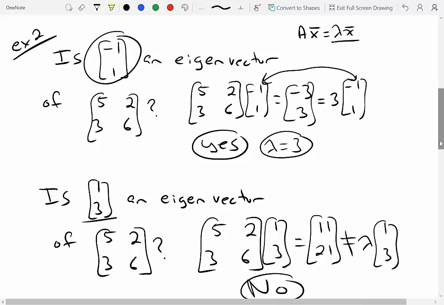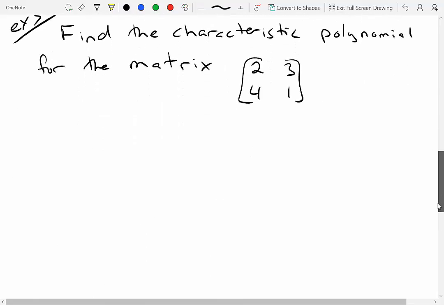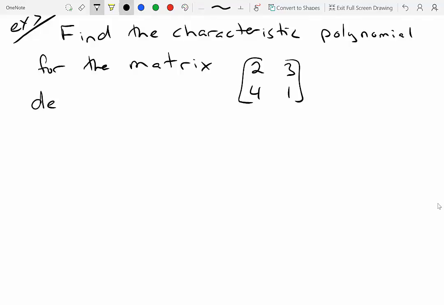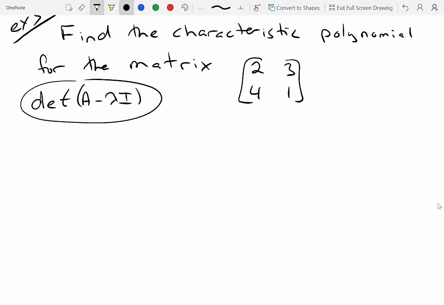Okay, so now what about finding this characteristic polynomial? I did one of these in the last video, and I put in a whole lot of detail there. It turns out that a lot less detail is needed. Remember that the characteristic polynomial is the determinant of A minus lambda times I. The eigenvalues are the roots of the characteristic polynomial, but the characteristic polynomial is just the determinant of A minus lambda I. So I'll just start with that determinant.